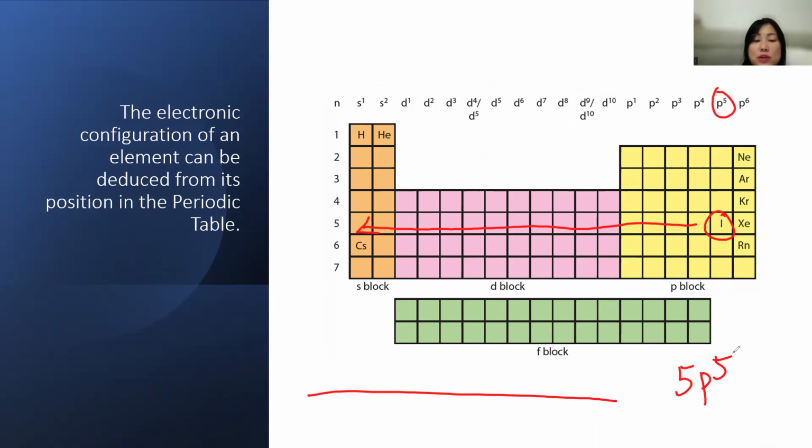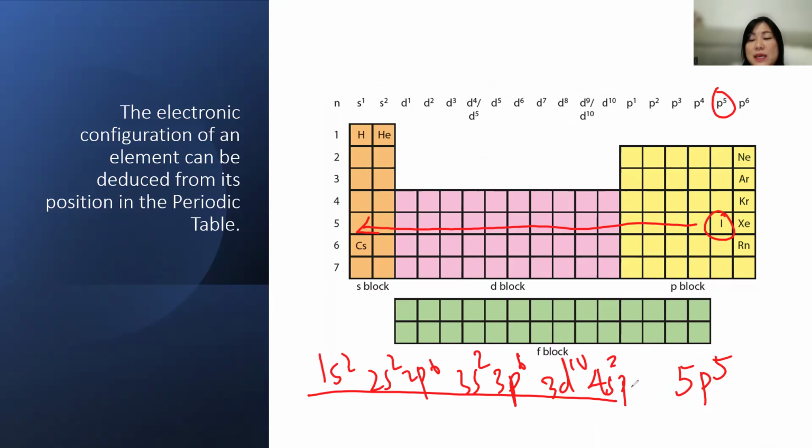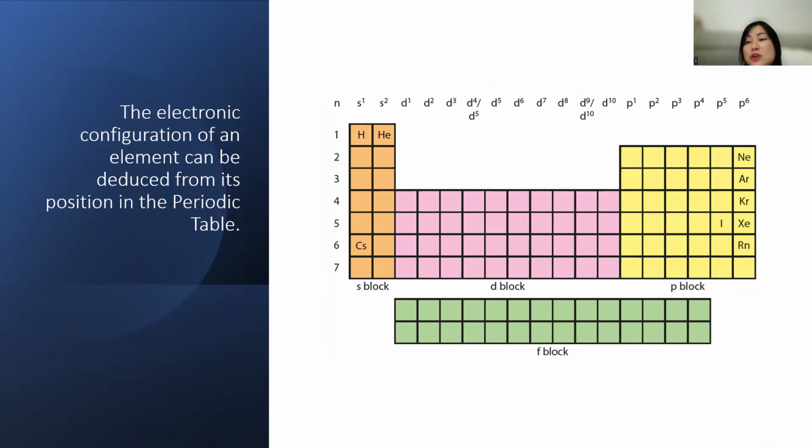It must have 1s2, 2s, 2p, 3s, 3p, 3d, 4s, 4p, 4d, 4f, and so on, and then 5s and 5p. So whatever is before that will all be present, and you can get the configuration very fast. Remember this was 5p5.